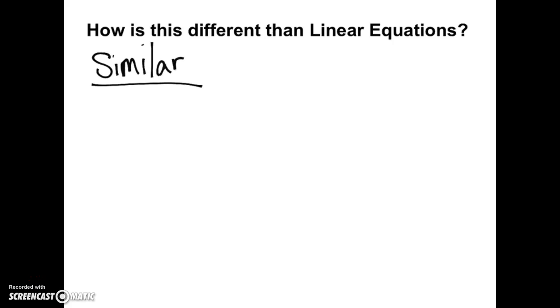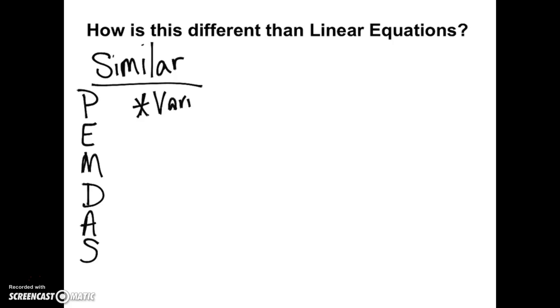In fact, they're more similar than they are different. They still follow the same order of operations. You still have to use PEMDAS. And you're still going to go through the same steps that you would to solve a linear equation. So you're still trying to get the variable by itself. That's still the goal. So get the variable alone.